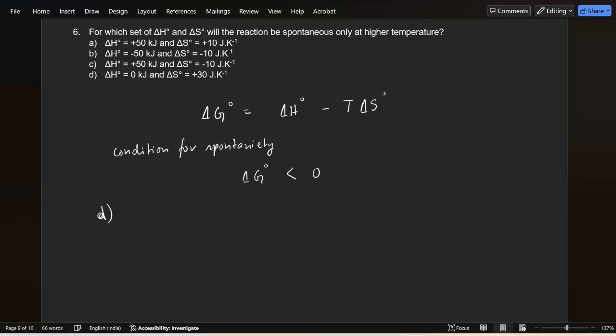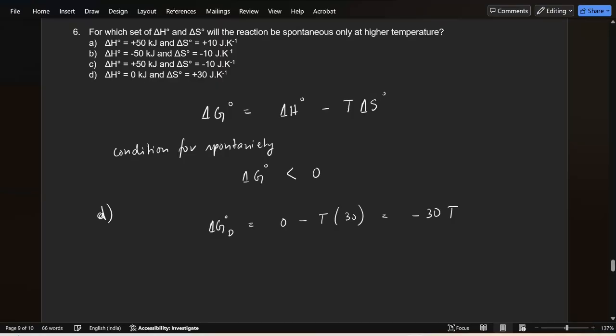For D, delta G not D is delta H not D, which is 0, minus some temperature into 30 kilojoules. So it's going to be minus 30T. Here you see temperature can never be negative, right?